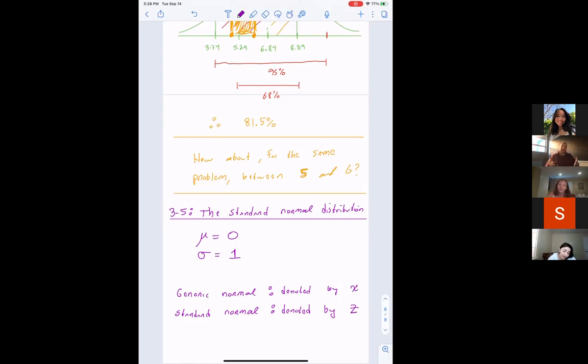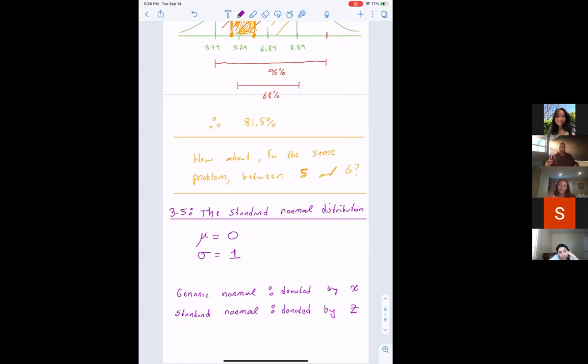Can you imagine having tables for every single normal possibility? There's infinitely many of them. How would you have tables for every scenario? But with the standard normal, you only need one table because you can turn any other normal into the standard normal. And once you do that, you have one table that can solve everything.